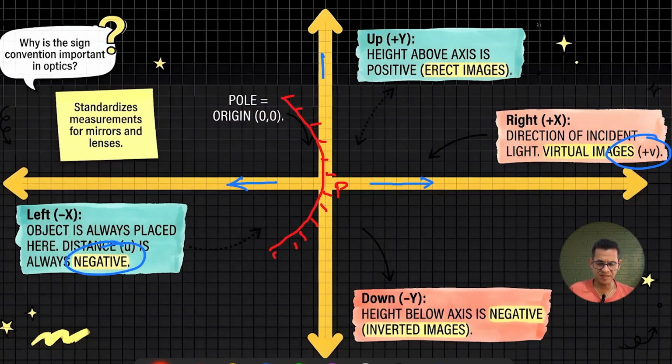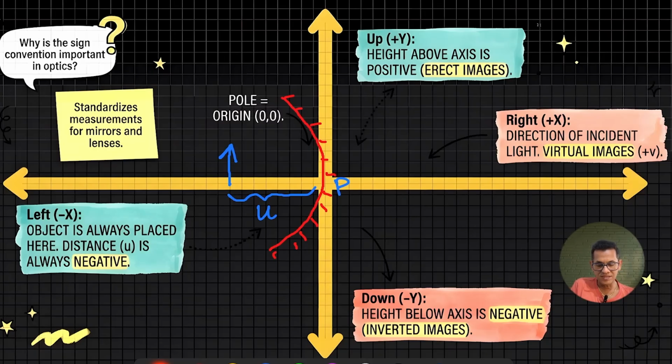So let's take some examples and try to understand which values are taken positive and which values are taken negative. For simplicity and for our understanding, we'll always assume that the object is placed on the left hand side of the mirror, or in front of the mirror. So this distance between the object and the pole of the mirror is U, or the object distance.